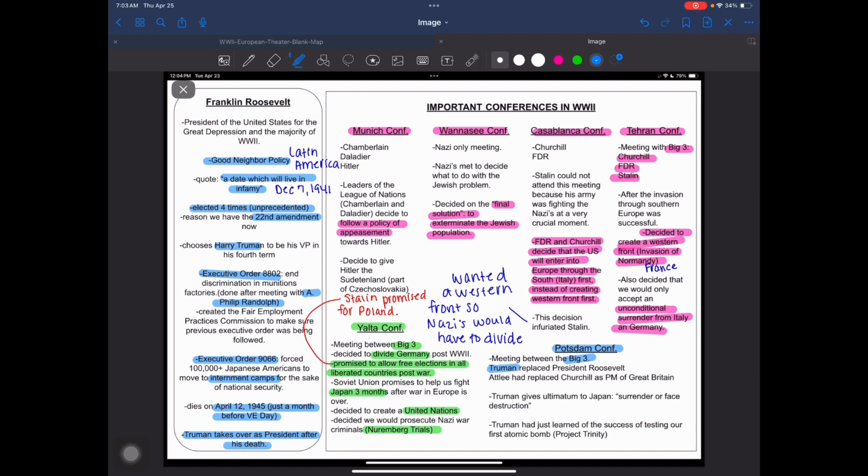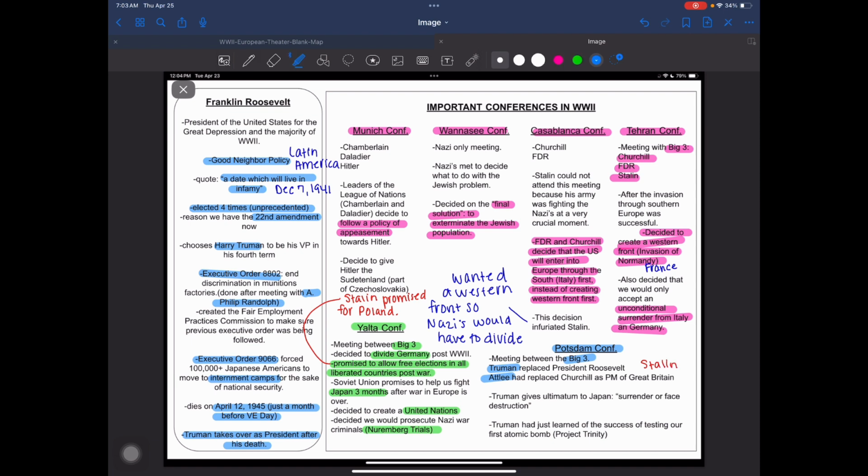Churchill is going to be replaced with Attlee. Right after the war's over in Europe, Churchill's going to kind of be booted out of the prime minister position for a while. And of course Stalin. I don't understand why his name isn't there. Let's write that down. And Stalin. And it's in red, so that's perfect.